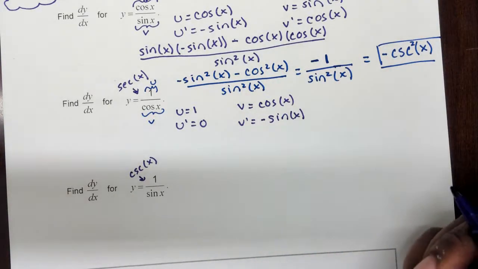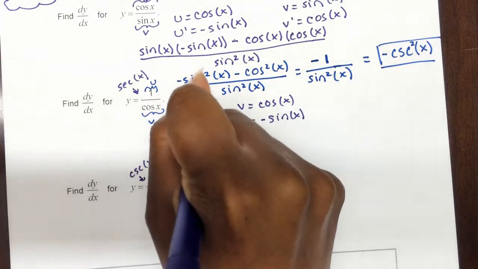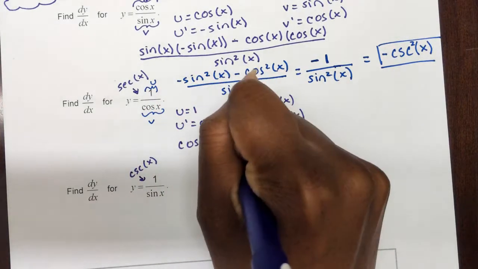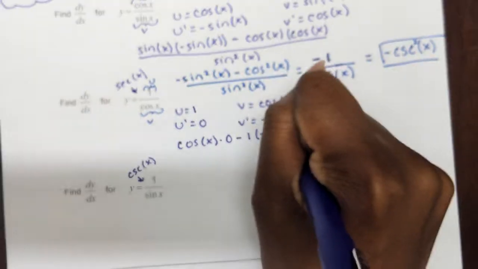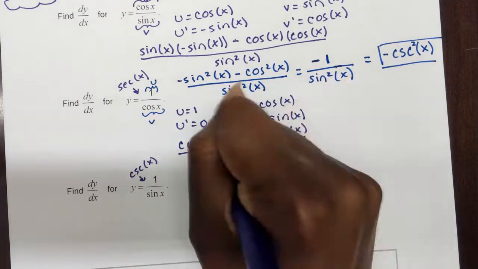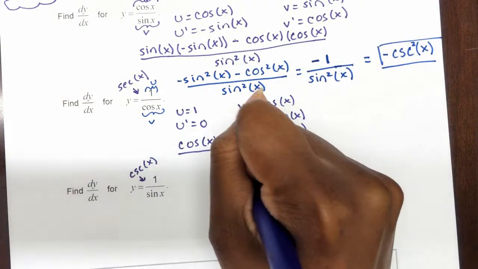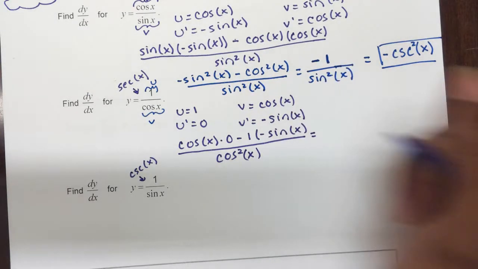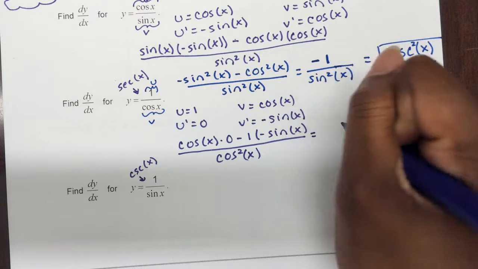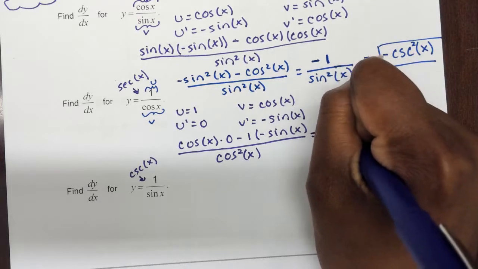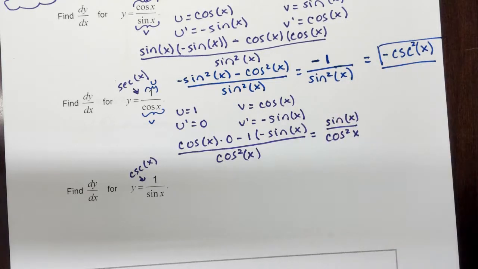So if we put them into our quotient rule, we have cosine of x times 0 minus 1 times negative sine x, all over cosine squared x, which is equal to sine of x over cosine squared x.